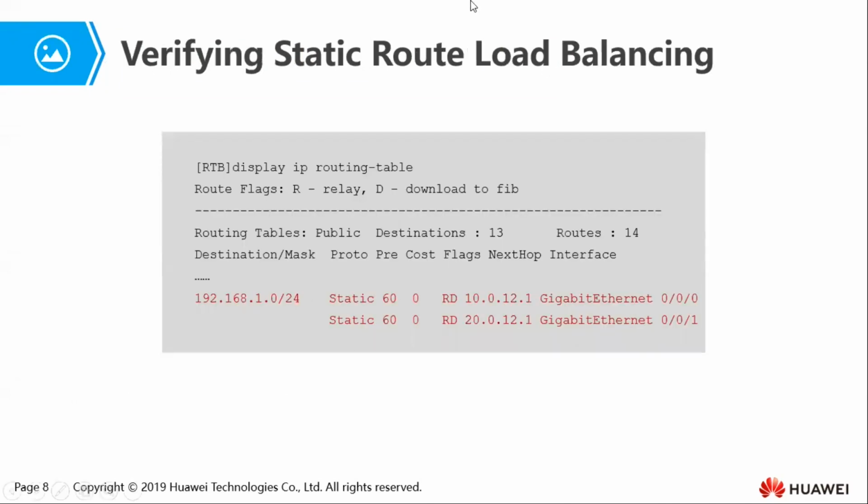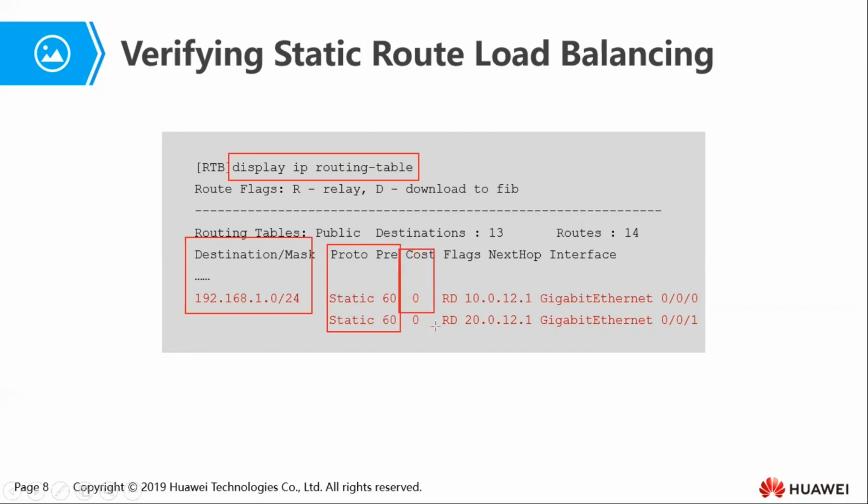So we can always verify that indeed they're going to be load balanced by displaying the content of the routing table. So display ip routing-table. We can see that the destination network is 192.168.1.0 from RTB. How did we learn that route? Through static. The preference value is 60.